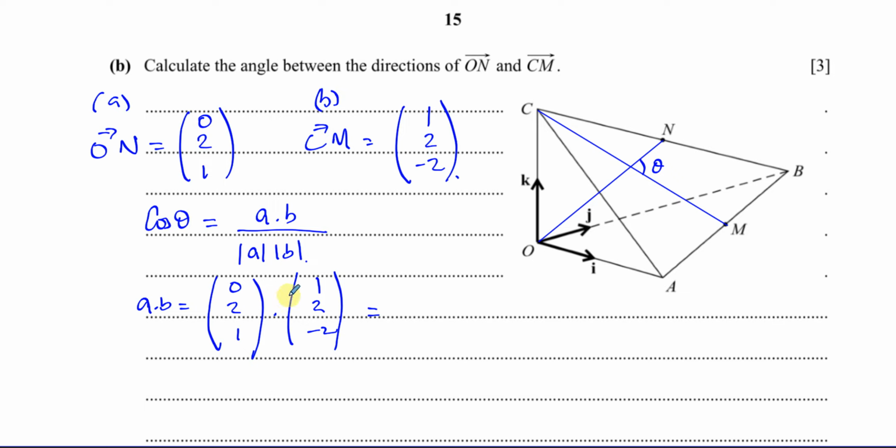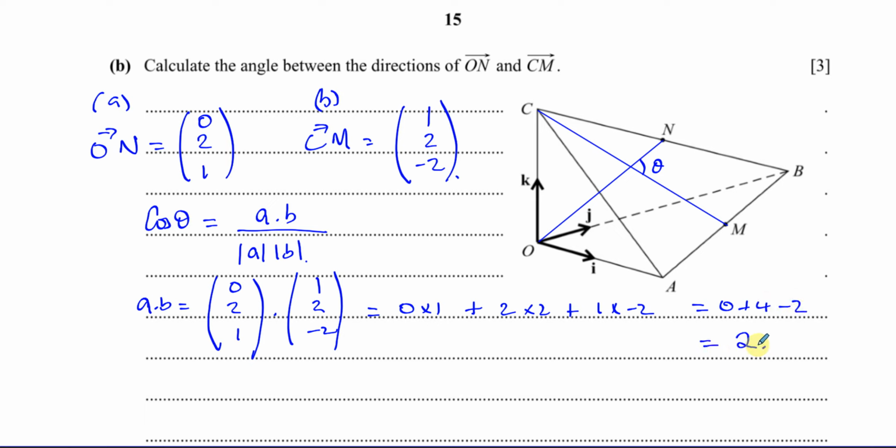You just multiply the i components together, so you have 0 times 1, plus the j components together, which is 2 times 2, plus the k components together, 1 times minus 2. So that's going to give you 0 plus 4 minus 2, which is 2.